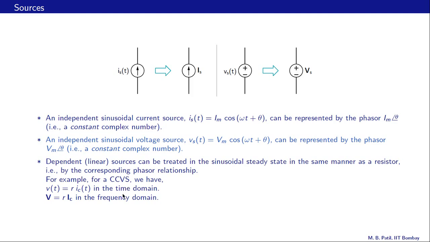In the time domain we have v of t, the voltage across the CCVS, equal to R, a constant, times Ic of t, where Ic of t is the controlling current. Now in the frequency domain this relationship becomes phasor V equal to R times phasor Ic. As simple as that. And similarly we can write relationships for the other dependent sources such as CCCS or VCVS, etc.